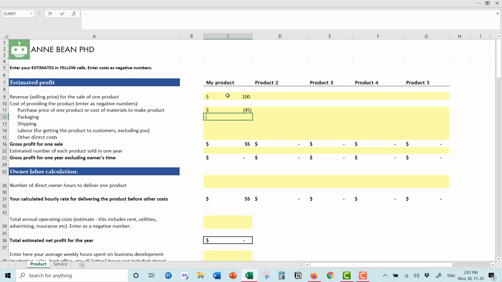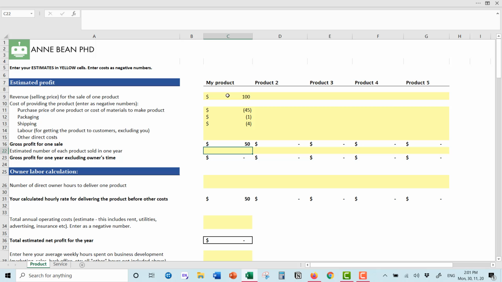Then I'm going to spend minus $1 on packaging and minus $4 on shipping or delivery costs. Now, from this, the spreadsheet has calculated my gross profit on one sale is $50. The next line asks me the estimated number of each product sold in 1 year. Now, you can put anything you like in here because we're going to play with these numbers afterwards.